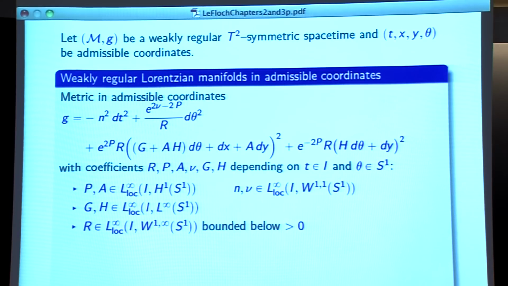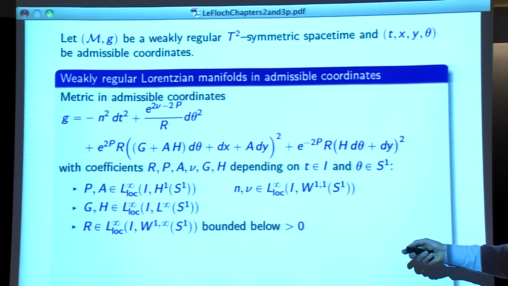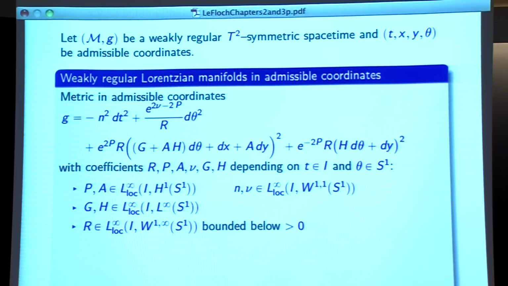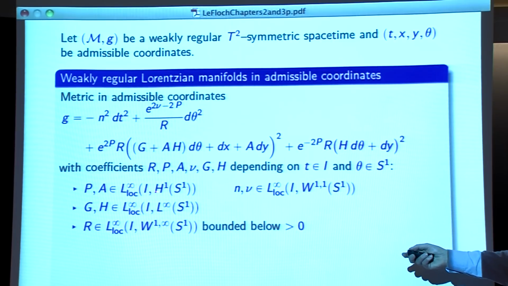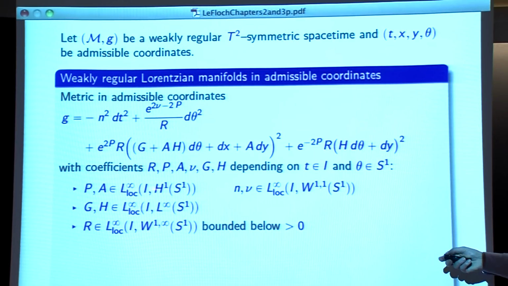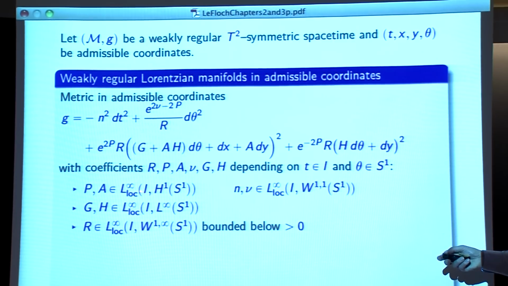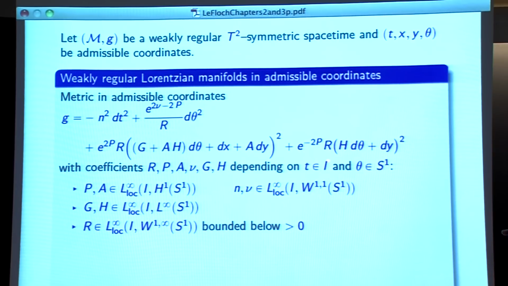The regularity for P and A is that they belong to H1. Now it depends on time as well, and the time dependence is at this level just that it is bounded, locally at least, in this interval of definition of the time, capital I. The theta variable is in S1.